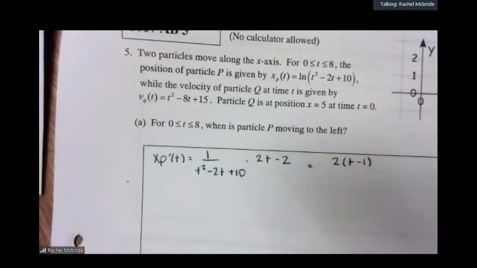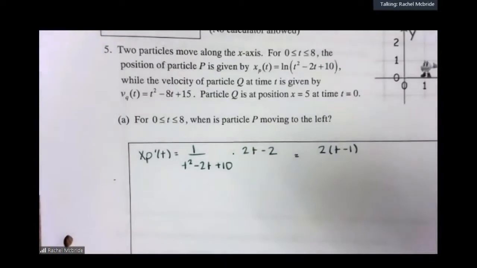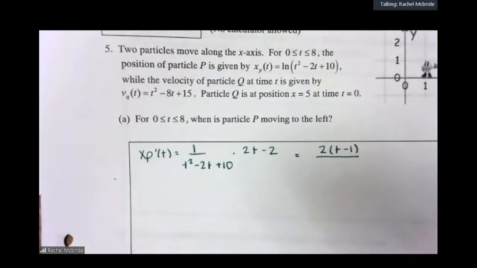So I can factor out a 2 from the top, leaving t minus 1. And then for the bottom, factors of 10 that are negative 2 apart.